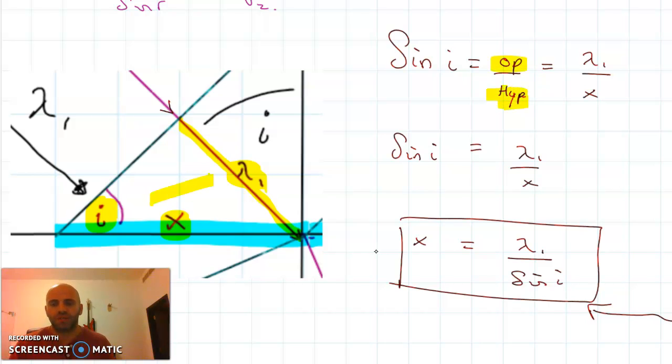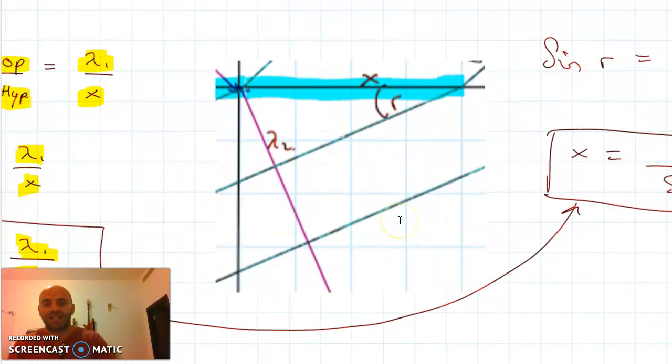The side opposite is lambda 1, and the hypotenuse just so happens to be this value x that we've marked on both sides. So sine i is going to be lambda 1 over x. Rearranging, x is lambda 1 over the sine of the angle of incidence.